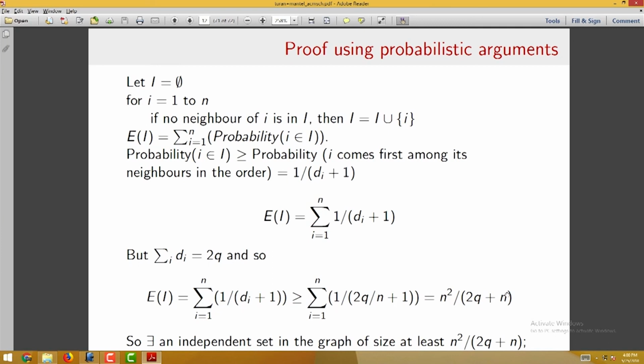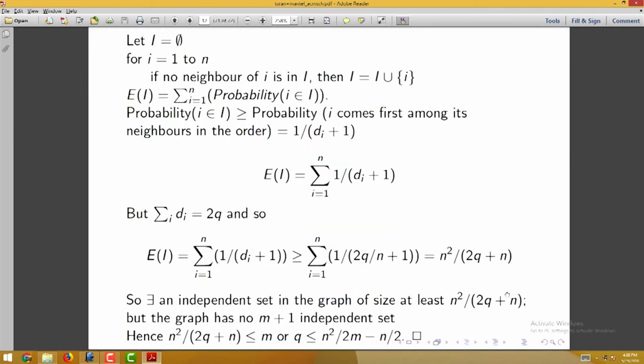But we know that the graph has no large independent set. So n square by this is a lower bound on the size of the independent set, but this cannot be greater than or equal to m plus 1 because my graph has no independent set of size m plus 1. Now from here you simplify and you get q is at most this much.